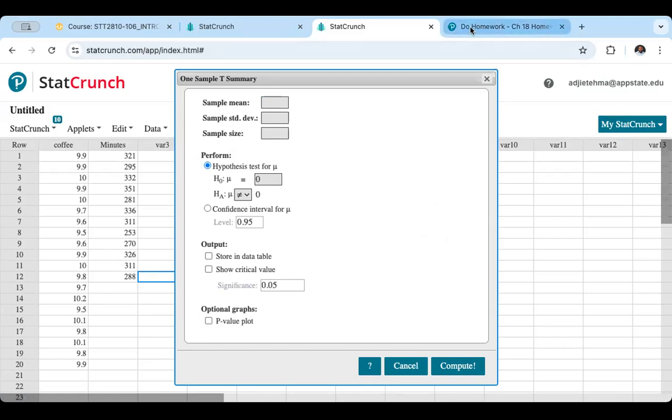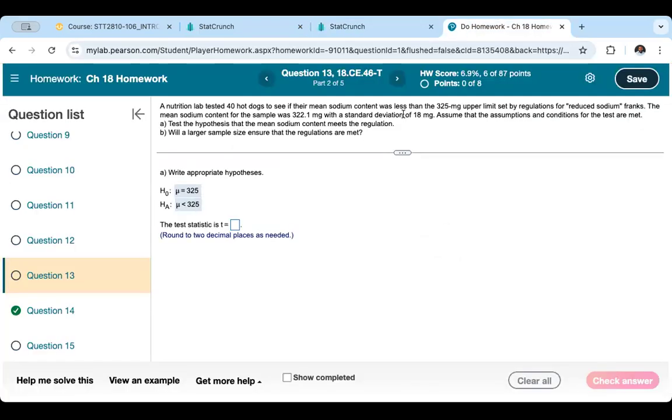The sample mean. So when you look at this one here, what is the sample mean? So 322.1, not 325. Be very careful. Is that okay? So you can see that the mean sodium content for the sample was 322.1. So that is the sample mean.